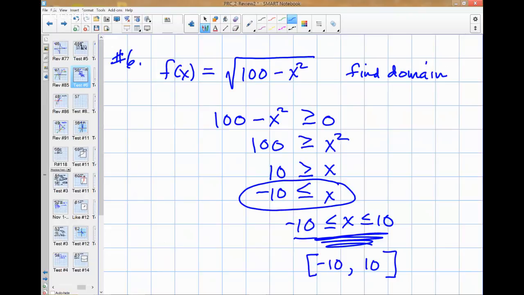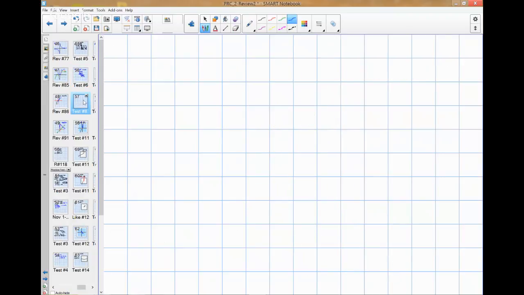Okay, that's number 6. Whoever asked about number 6, are you good? Let's talk about 8 through 10 in a general way, because that was the next section brought up. In 8 through 10, you're supposed to approximate the intervals over which it's increasing, decreasing, or constant, and determine whether it's even, odd, or neither.